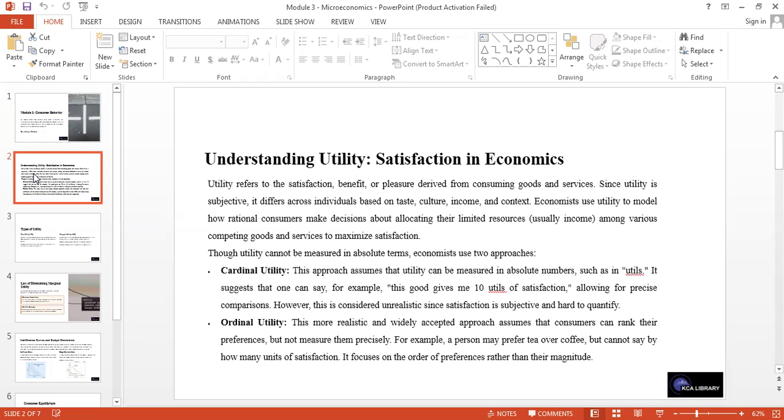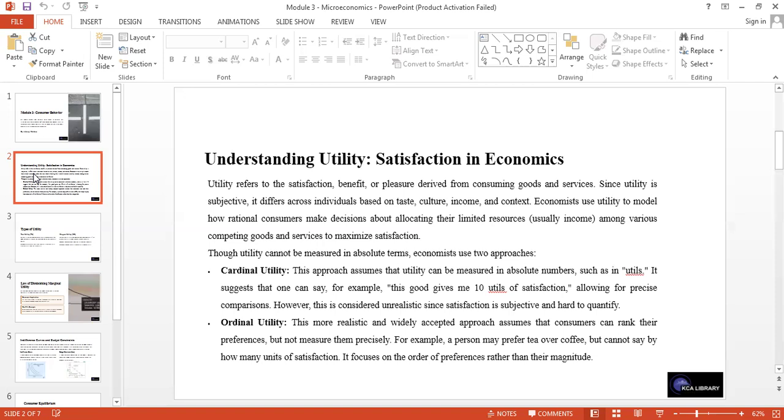Since utility is subjective, it differs across individuals based on tastes, culture, income, and context. Some people would take just a bottle of Pepsi and be okay, while some will have to take as much as possible until they get satisfied.